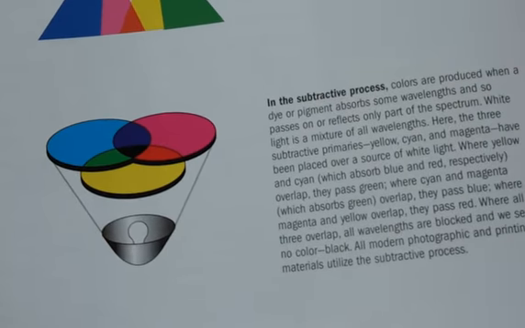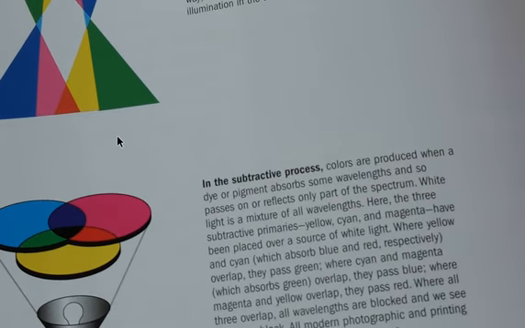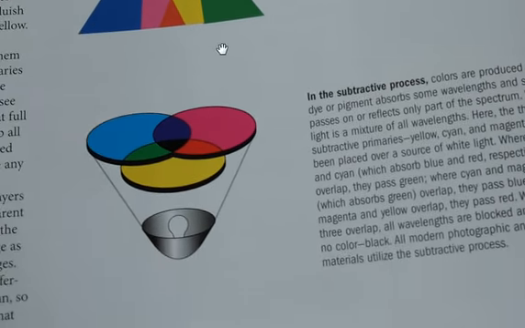The subtractive system, we're talking about ink on a page, and here you can see when you combine the three inks together, in the middle you end up with black. When we're printing, we're using the three colors, cyan, magenta, and yellow.